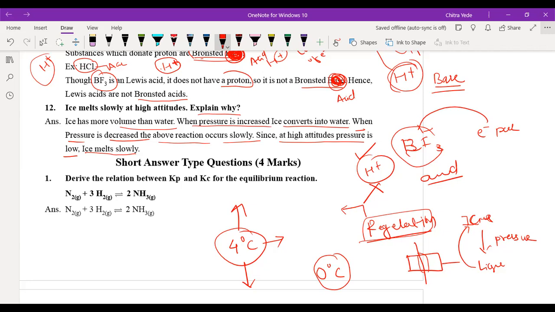That means if pressure is high, ice will melt fast. If pressure is low, then the melting process will be slow. And we know at high altitude pressure is low, that's why the melting process slows down. Understood?